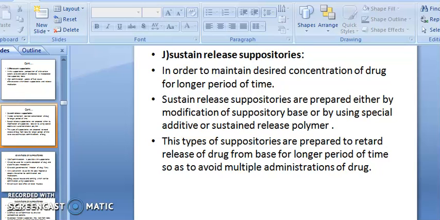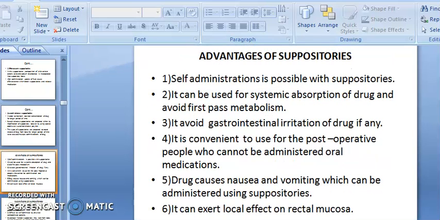You can minimize or avoid the repetition of doses of your drugs, because a sustained formulation shows its pharmacological action for 12 to 24 hours. For 12 to 24 hours, one suppository gives you 12 to 24 hours of action. These are the sustained release suppositories.